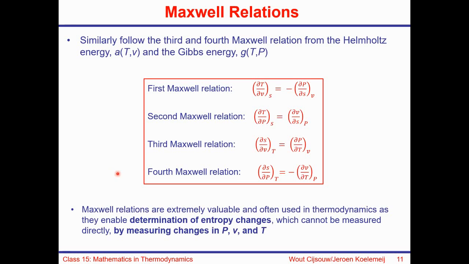These relations are extremely valuable in thermodynamics because they enable the determination of entropy changes in terms of things that can be measured easily. So dS dV is equal to dP dT, and this is stuff we can easily measure. That was one of the reasons why we started this whole endeavor.